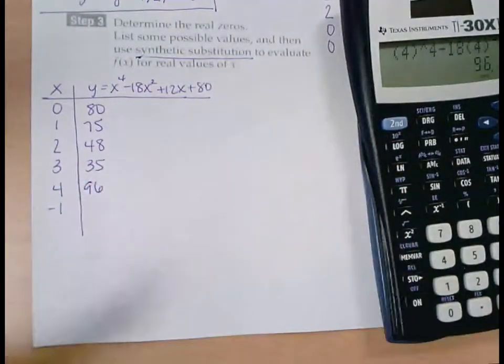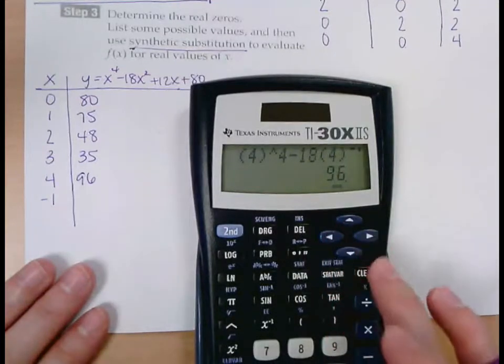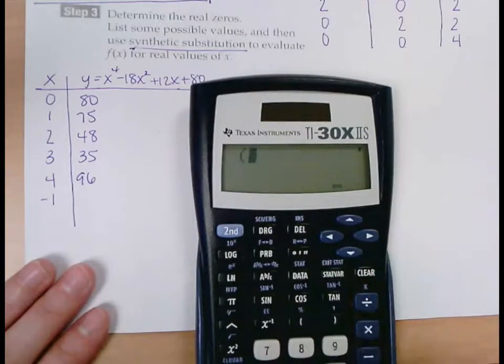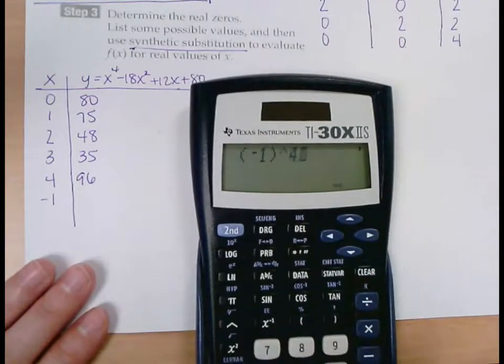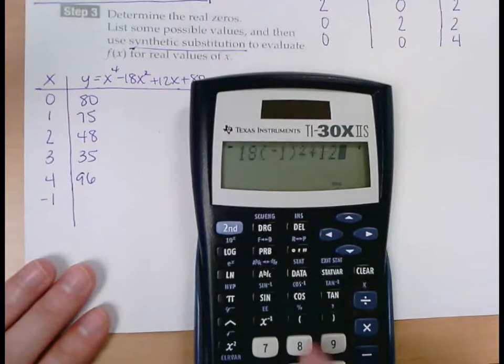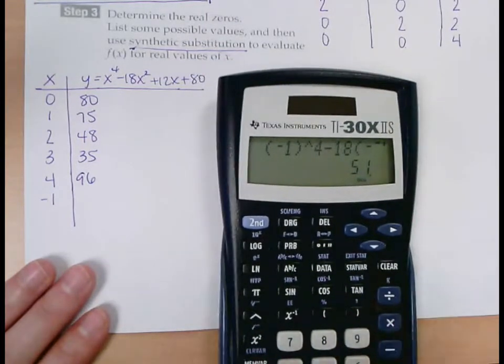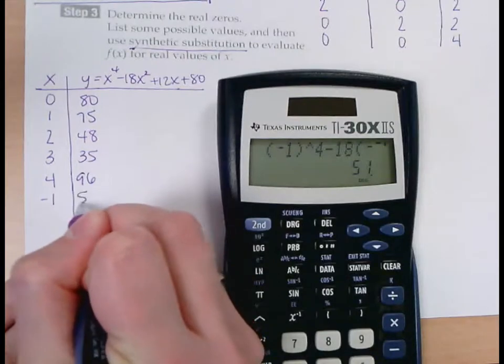So kind of use your best judgment as to what you should try. So now I'm going to plug in negative 1 to the 4th power minus 18 times negative 1 squared plus 12 times negative 1 plus 80. And that's 51.